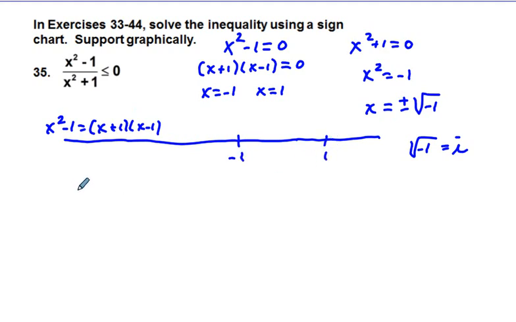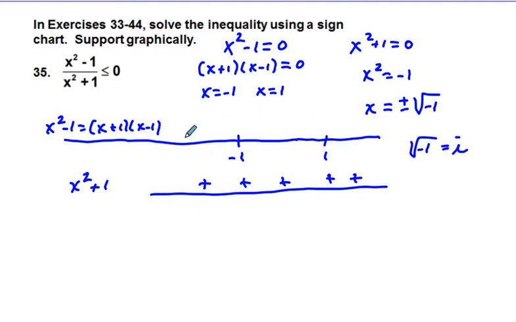Of course, we have this denominator down here, which is x squared plus 1, but there are no critical numbers. So this denominator is going to be positive all the way. Positive, positive, positive, positive. And so it's really totally based on what happens in the numerator.